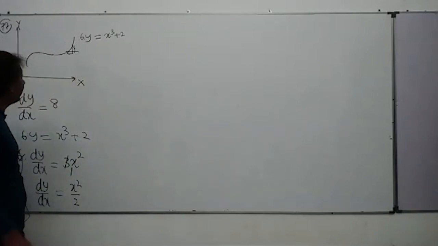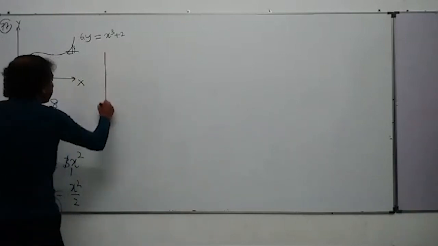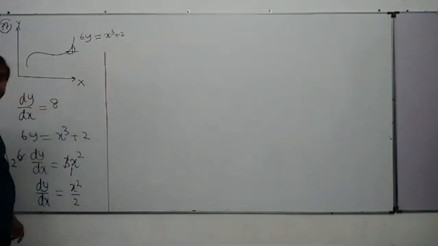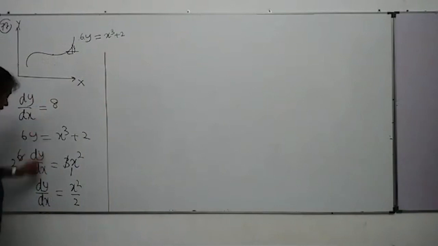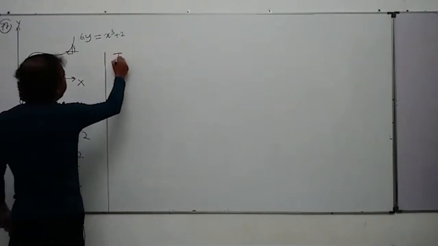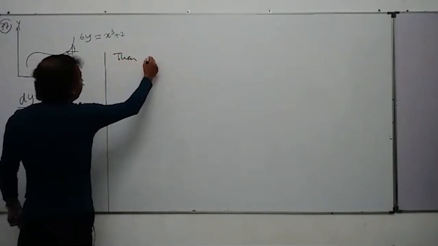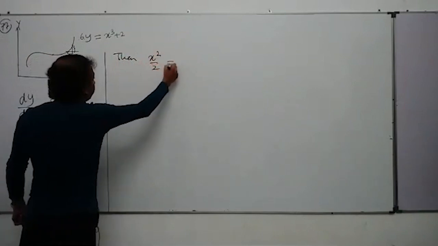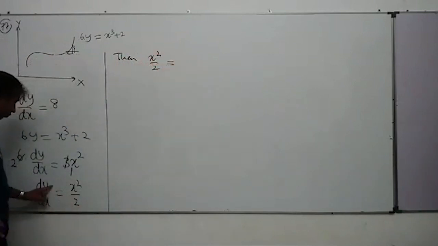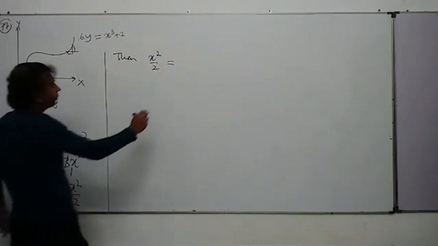Now, what we need to find is the points on the graph at which dy by dx is 8. So what we do is equate this dy by dx to 8. x squared by 2 is dy by dx, but dy by dx we know as 8.